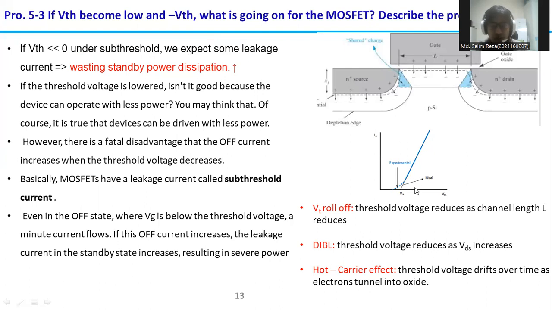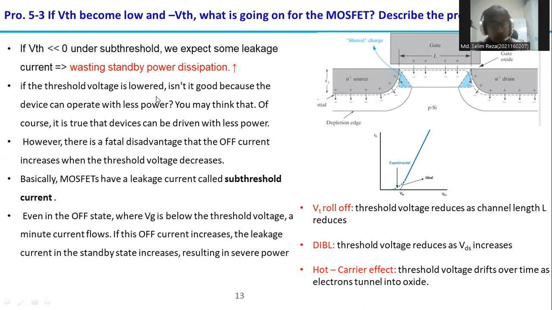Basically the threshold voltage ideally follows this track. But if we go for a low threshold voltage, it will show more leakage, and that means we need to make more energy to turn on the device. So this will waste standby power dissipation.